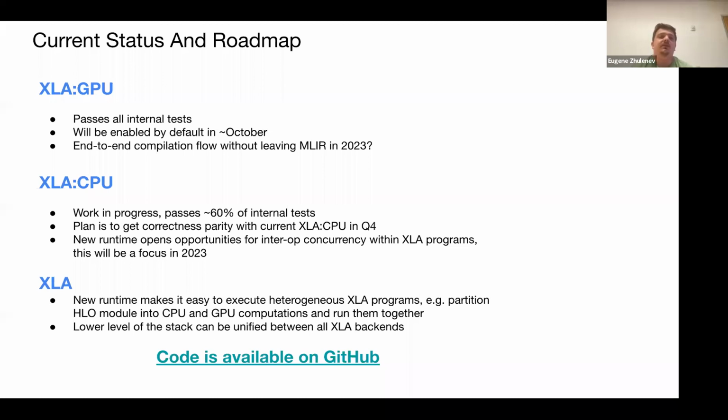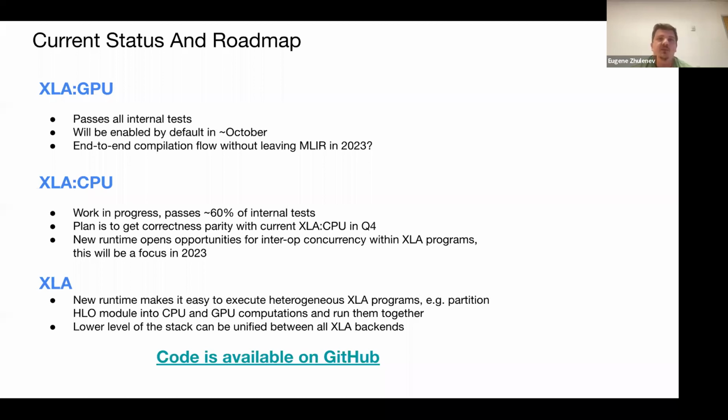And for XLA, it means that for XLA CPU and XLA GPU, there shouldn't be a hard boundary between CPU and GPU. It should be just the XLA compiler that produces your host executable, which itself can launch device kernels or run something on the host. And it should be easy for XLA to move computation between host and device.